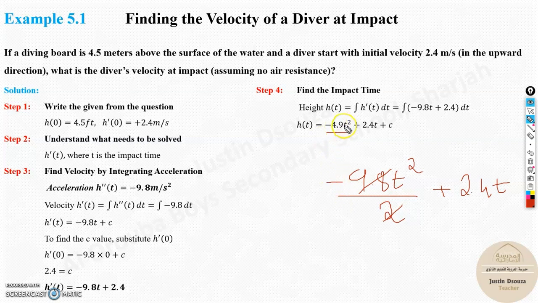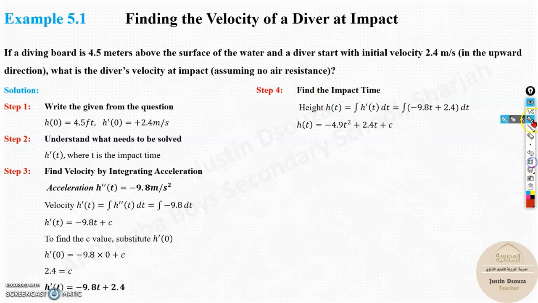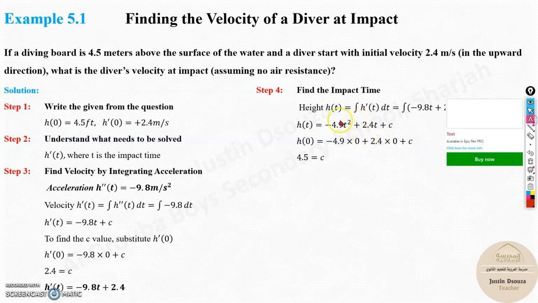So minus 4.9 t square plus 2.4 t plus c. That is the answer. But again, we don't know what c is. Let us put t as 0 and solve. Instead of t, everywhere it's 0. What is the h of 0 value? It's 4.5. So 4.5 is c, because this cancels.